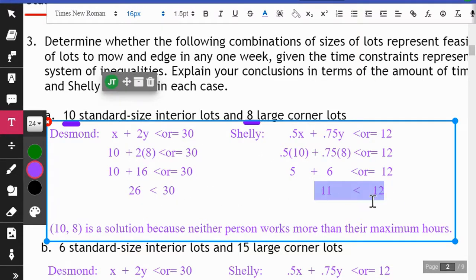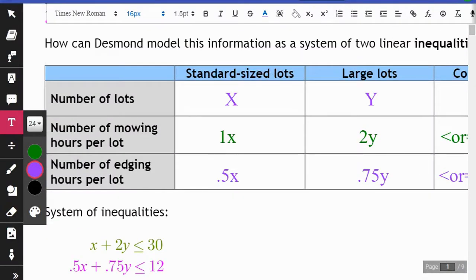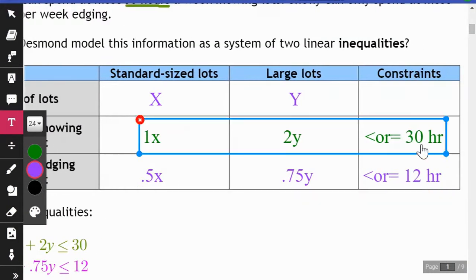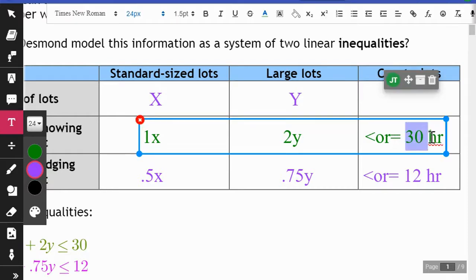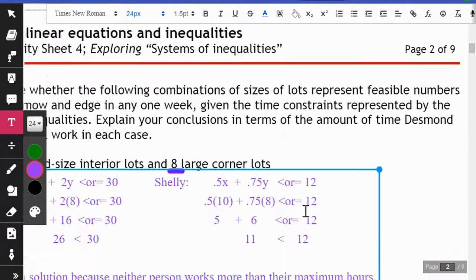They're both staying within their constraints. A constraint is something that holds things together, a rule that you have to follow, or something you can't do, so that things work. The constraint for him is he can't work more than 30 hours. She can't work more than 12. That's her constraint. All right.